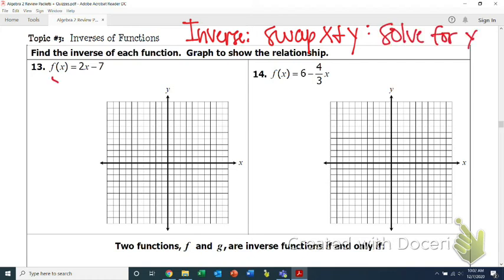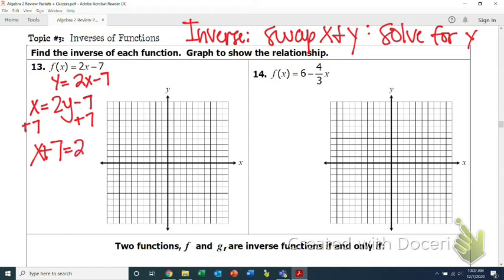Okay, so this is y equals 2x minus 7. x equals 2y minus 7. We add the 7. x plus 7 equals 2y, divided by 2, divided by 2.